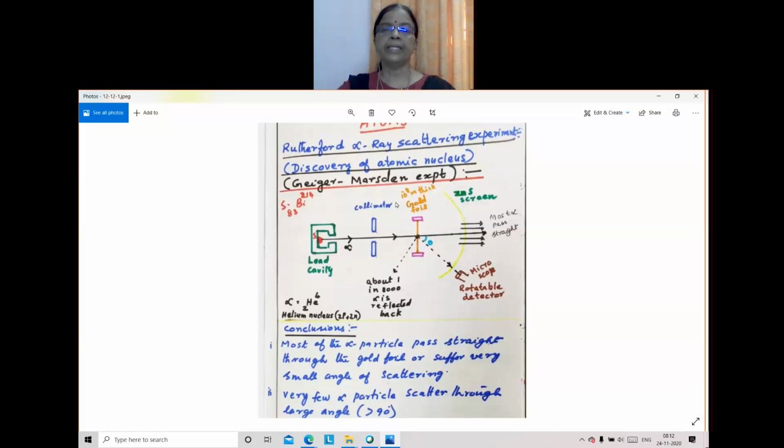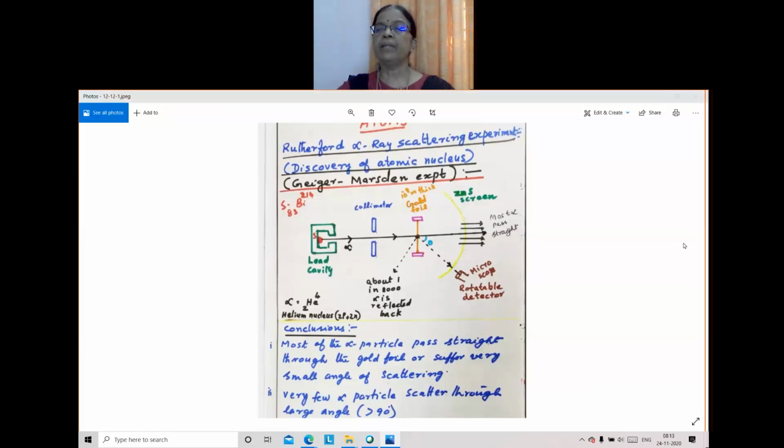Then it is incident on a gold foil. This is the gold foil. The gold foil thickness is 10 raised to minus 8 meter. The yellow one is the gold foil, about 10 atoms thick. Why is gold foil taken?